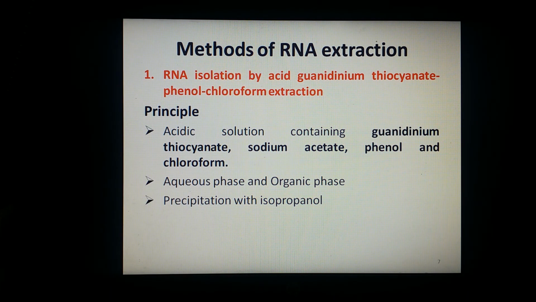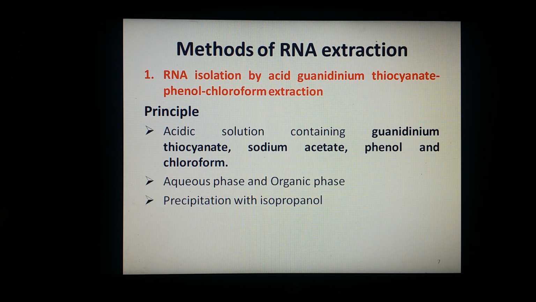The first method is RNA isolation by acid guanidinium thiocyanate-phenol-chloroform extraction. The principle of this method is that RNA is separated from DNA after extraction with an acidic solution, and this acidic solution contains guanidinium thiocyanate, sodium acetate, phenol and chloroform. The names are written in the slide, you can see.